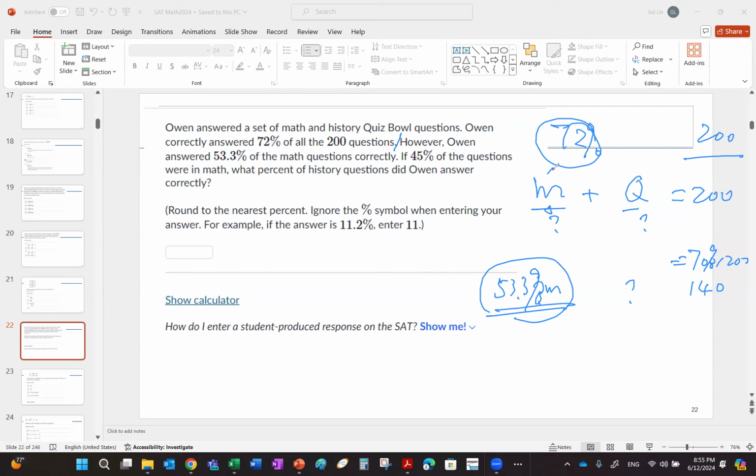So 45% is math questions. So 200 times 45%, which means there are 90 math questions. So the questions from the historical quiz bowl would be 110, right?